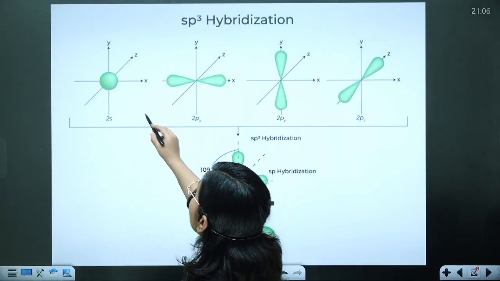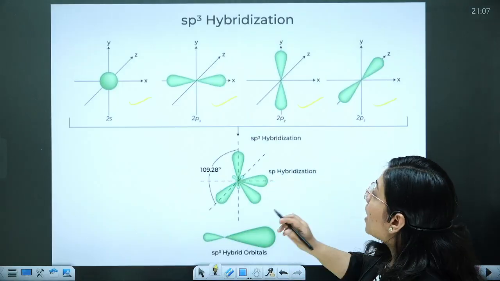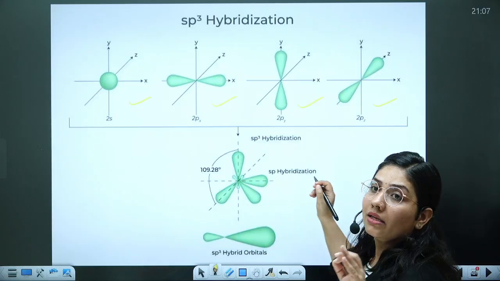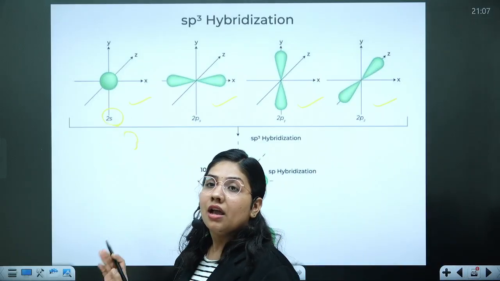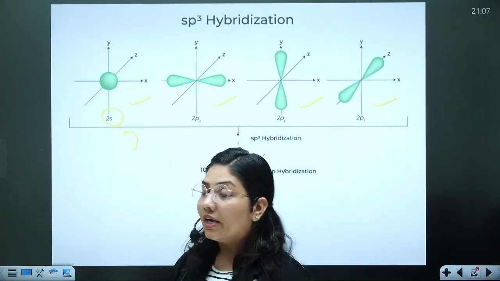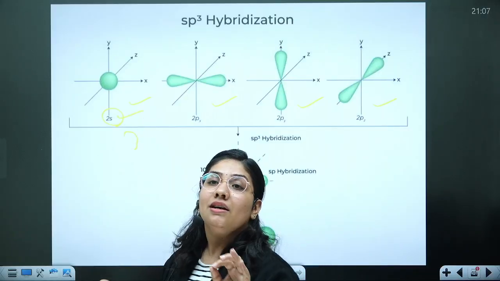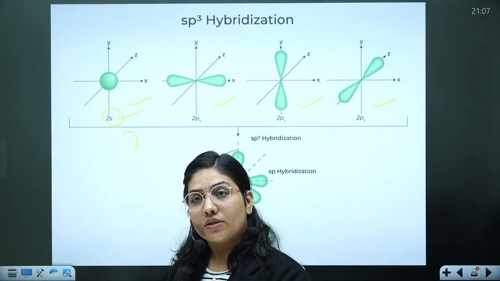Now come here, here is 1s, p, p, p, and now how many s orbitals are there? Number, okay, you will not get confused that there is written 2s. We are counting the number, how many s orbitals are there. 2s is the name, that is, this is the 2s orbital, this is the 3s orbital, this is the 4s orbital, okay.